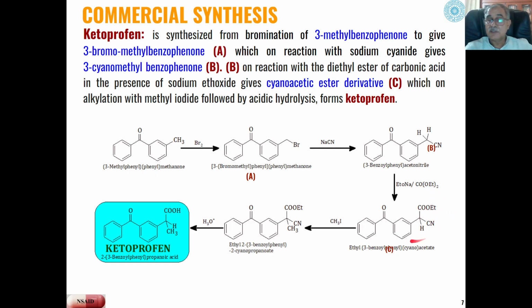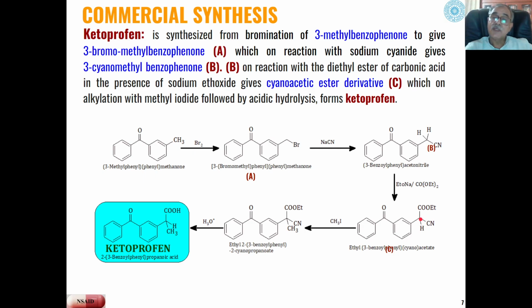Then you can see that this is an electron withdrawing group, this is an electron withdrawing group, this is an electron withdrawing group. So this cyano ester derivative has this proton which is even more acidic. So when this is reacted with methyl iodide, this will act as a carbanion, and I from here, H from here is removed, and methyl will get attached to this carbon.